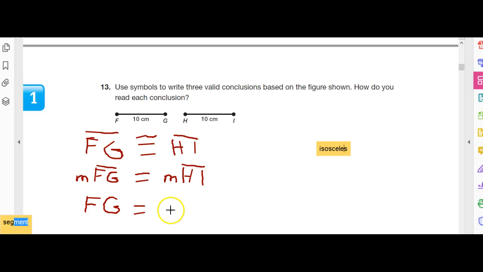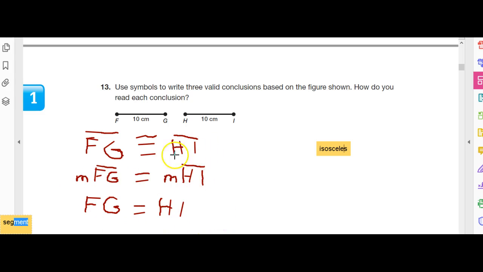The distance between these 2 points is equal to the distance between these 2 points, right? If you had to pause the video, this would be a good place. You'd pause it and make the acknowledgement here that the distance between F and G is equal to the distance between H and I. So that would be what we're stating here.